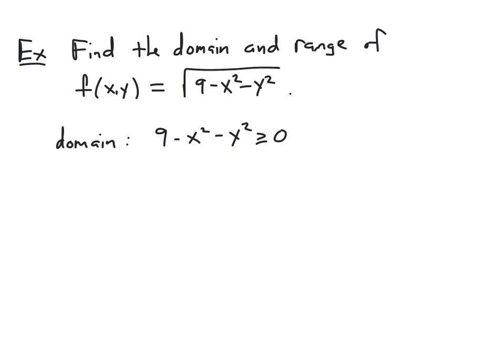And so if we just rearrange this a little bit, we can see that this is the same thing as x squared plus y squared less than or equal to 9. And so this is the equation of a disk centered at the origin with radius 3.